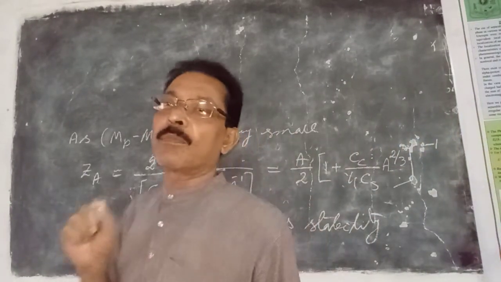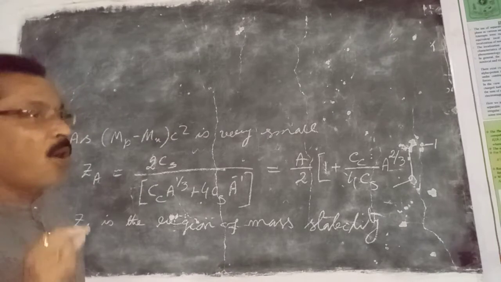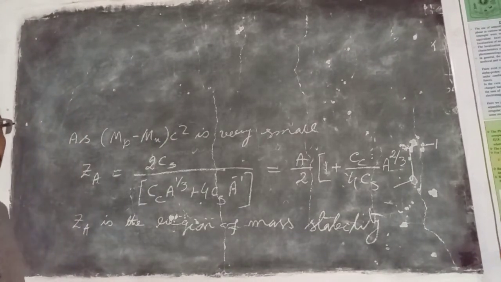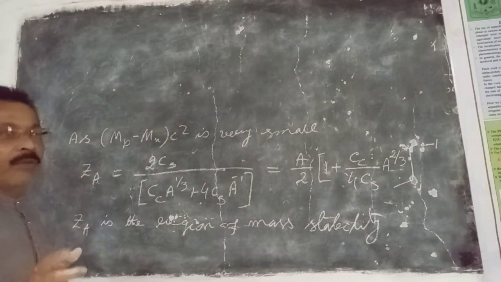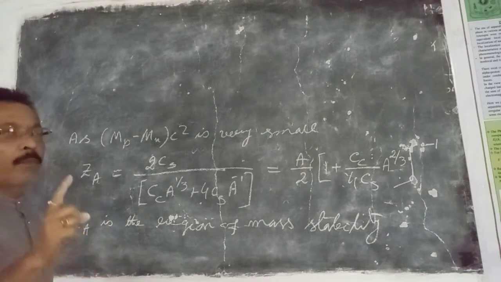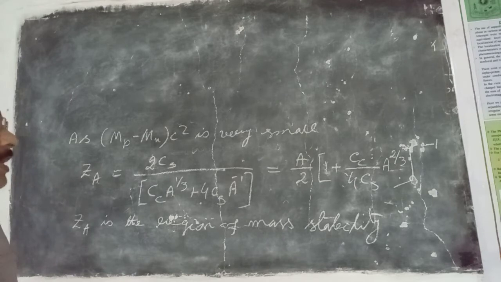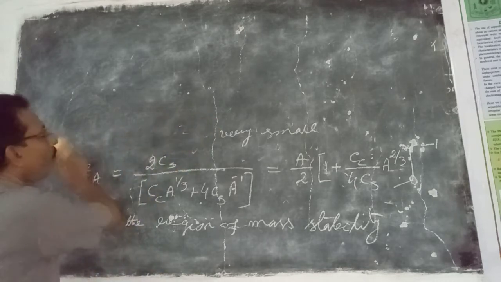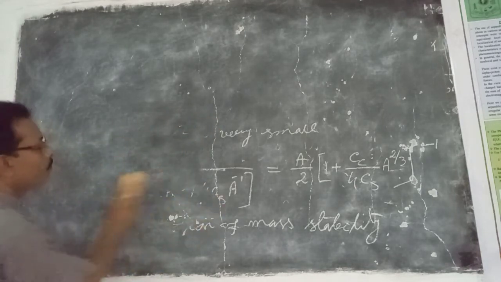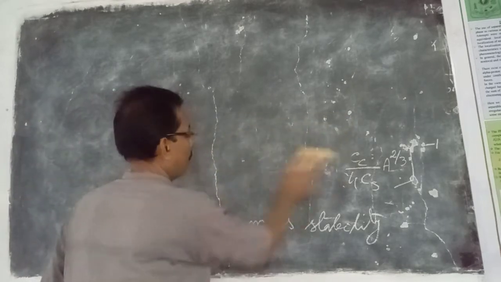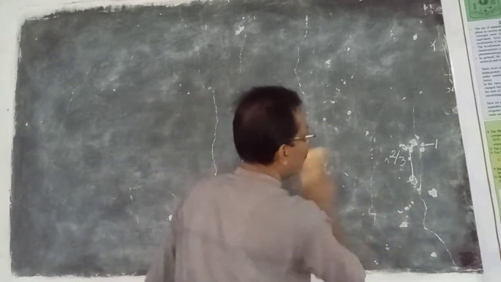The parameters are adjusted in such a way that the proper binding energy or the atomic masses come out. So these are the parameter fittings; these parameters are fitted or adjusted.